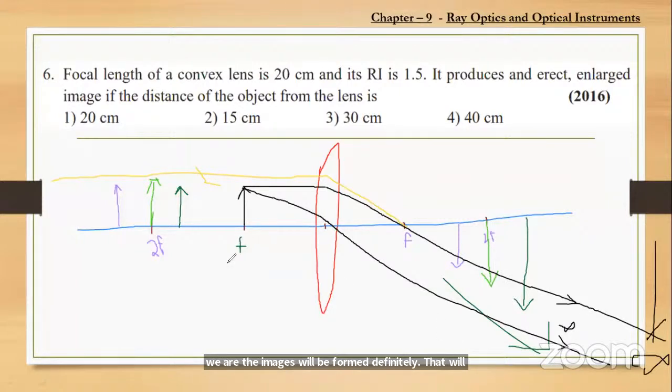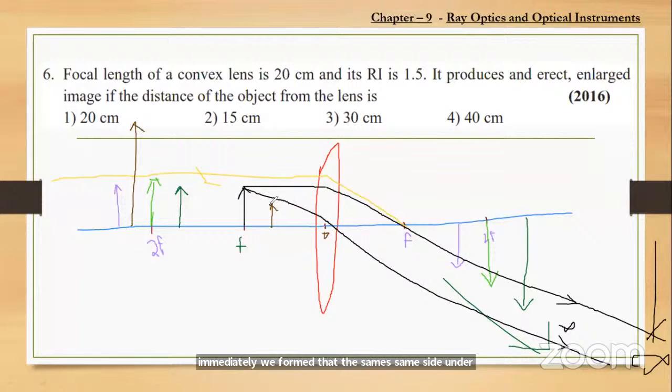Now we should understand another concept here. When the object is placed in between the principal focus and optic center, what happens? The image will be formed on the same side, and magnified.